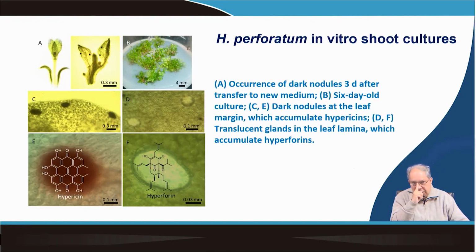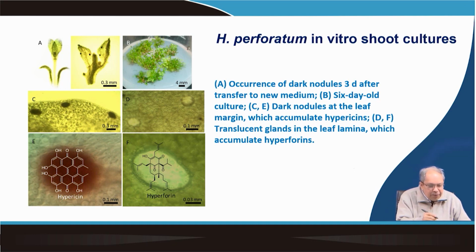Because of its importance, scientists wanted to produce this product in cell and tissue culture, so that all round the year the plants can be grown. Moreover, this is specific to the temperate region only. In the tropical area these plants cannot grow. So, if you have a culture system, then it is possible to use biotechnological intervention to produce this.